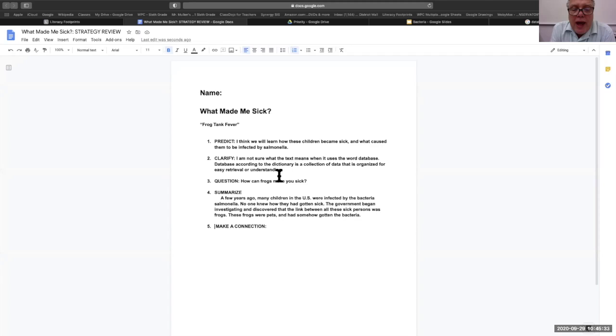Now, this whole passage, What Made Me Sick, Frog Tank Fever, is in the genre of a mystery. And it's something that has to be figured out. And you can say, I liked reading this because I too have faced a mystery, and I enjoy reading mysteries. So I want you to make a connection, put it there, and then you're done with it for the day. Okay?